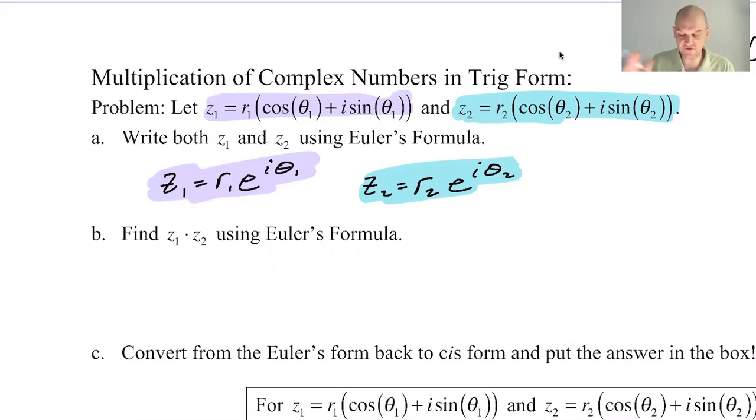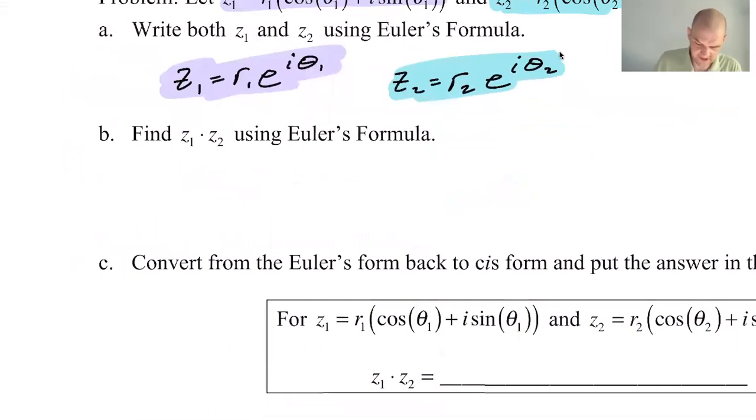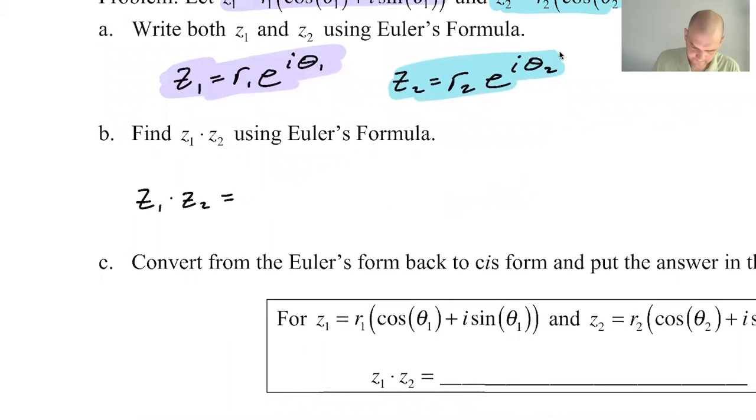When it's written using Euler's formula, you will find that a lot of the rules that we're going to come up with just jump out. You don't really have to do much to find them. So if I do z1 times z2, that's going to be r1 e to the i theta 1 times r2 e to the i theta 2.